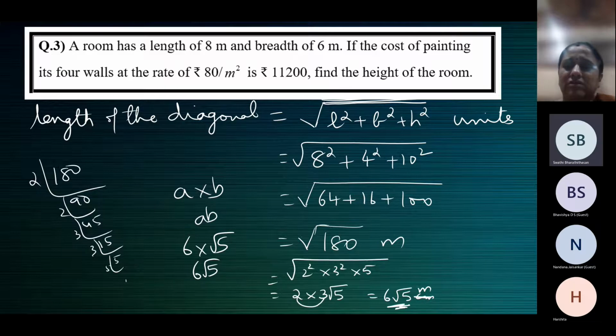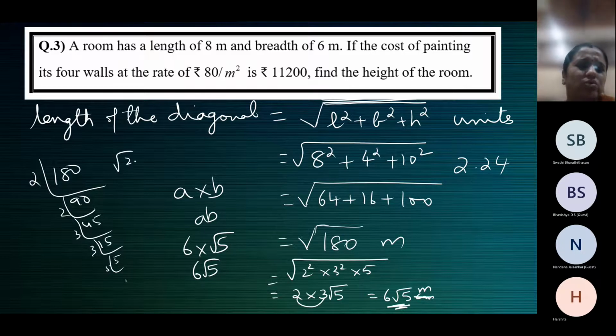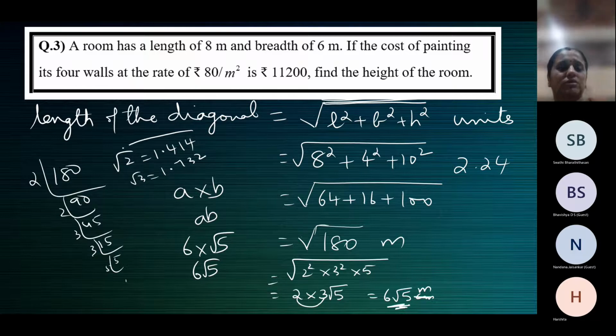You don't have to remember the value for root 5. It's approximately 2.24. You just remember root 2 and root 3 for 8th standard. Root 2 is 1.414 and root 3 is approximately 1.732. Beyond that, you don't have to remember for 8th standard.